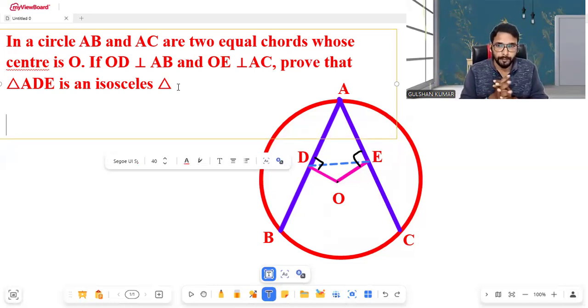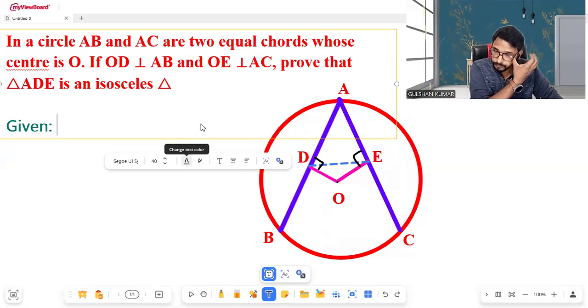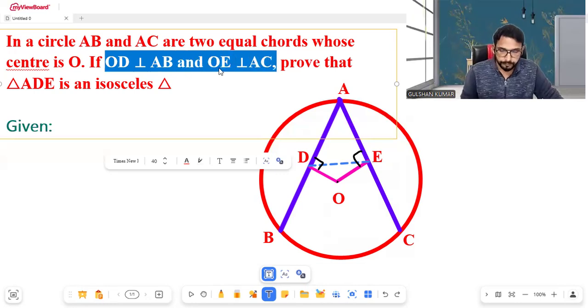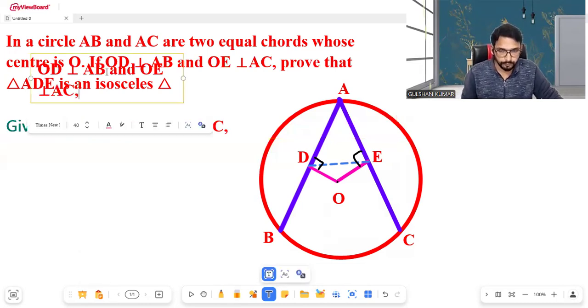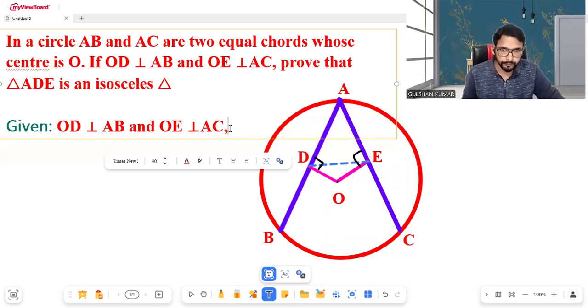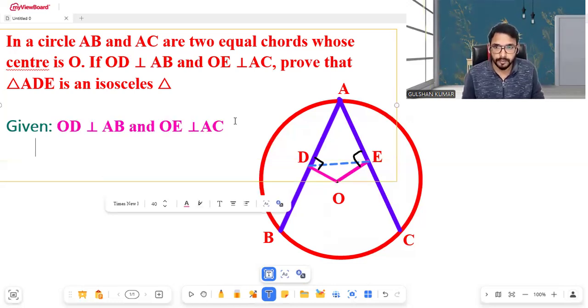Start with the given. What do we have, so that we can understand what the question is here. This is given to us.